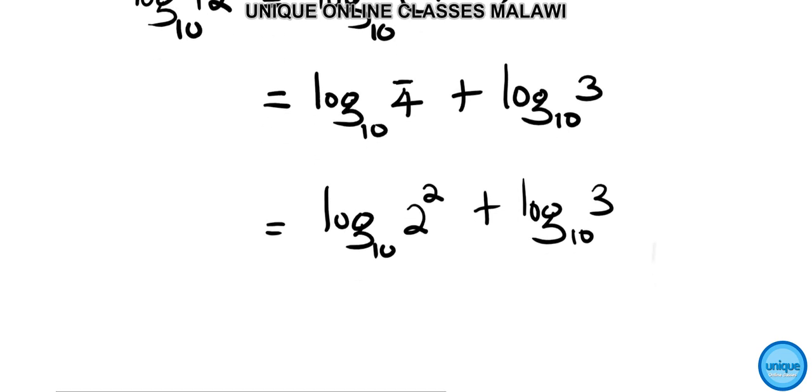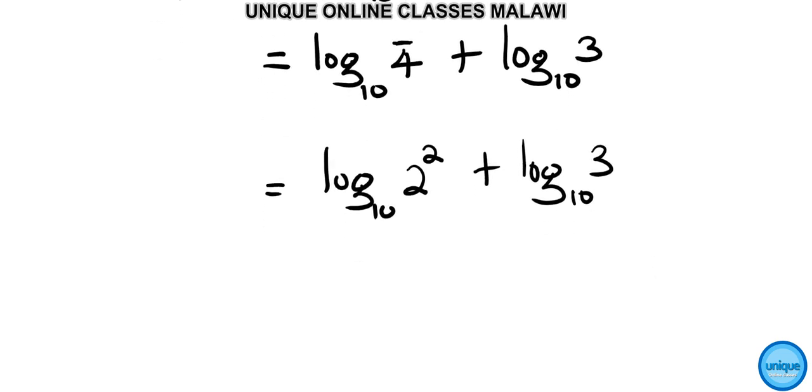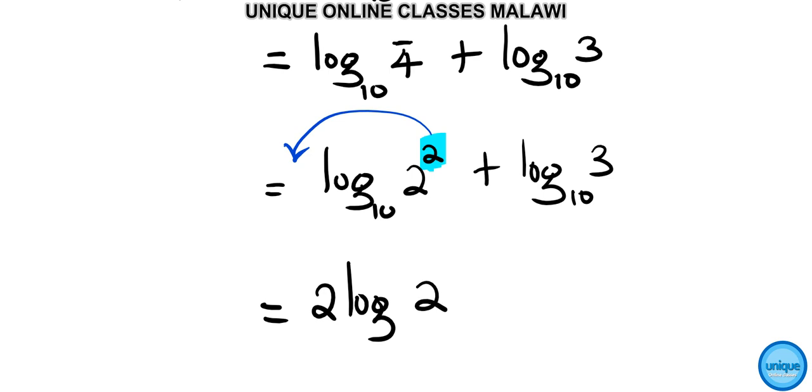Now we apply the law of logarithms for powers: the power goes in front of the log. So it will be 2 times log of 2 base 10 plus log of 3 base 10.